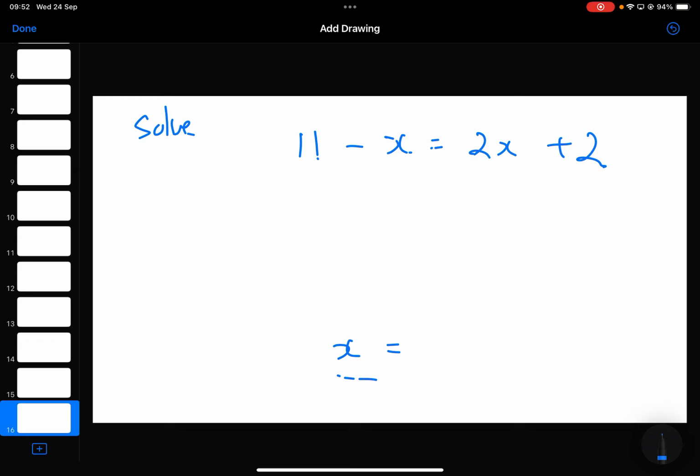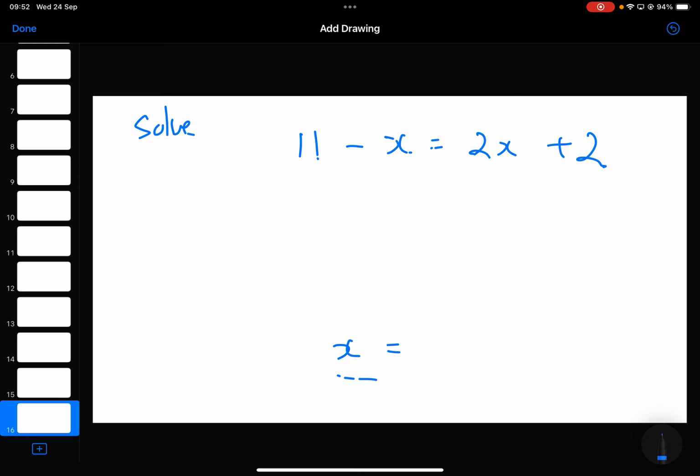So how do I slowly go from here to here? I write equations, I put all the numbers together, I put all the x's together. So how do I put the numbers together? Here got 11, here got minus x, here got 2x, here got 2. I prefer to work with positive x's.